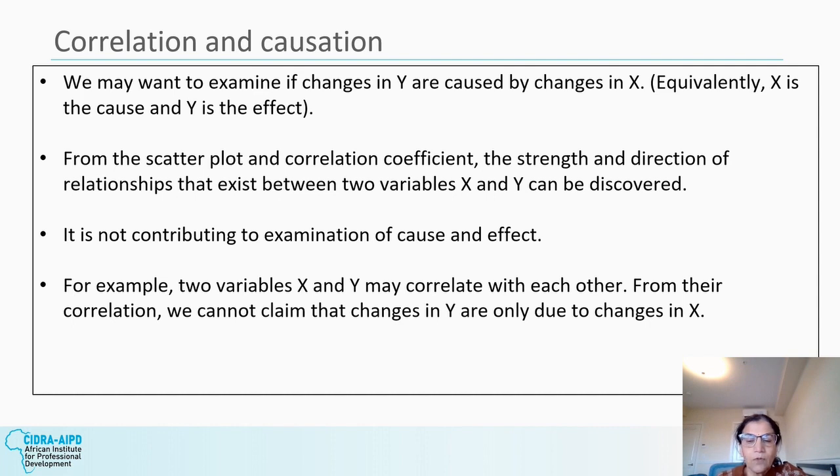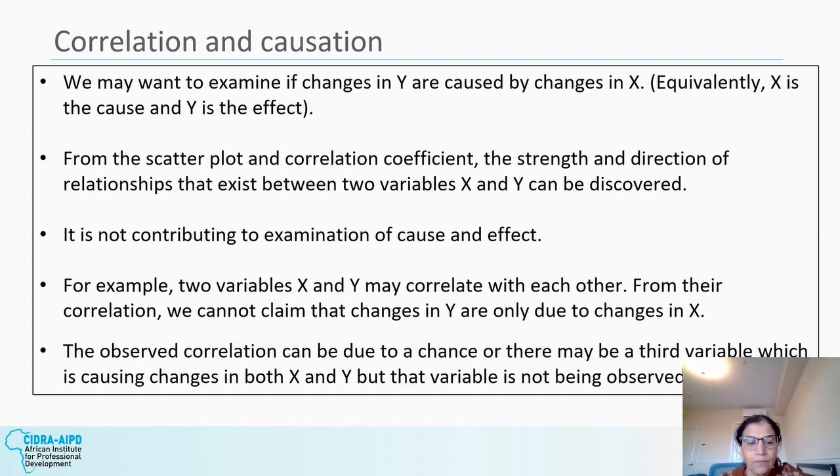What it means is, two variables X and Y may correlate with each other. From their correlation, we cannot claim that changes in Y are only due to changes in X. The observed correlation can be due to chance or maybe a third variable which is causing changes in both X and Y, but that variable is not being observed.